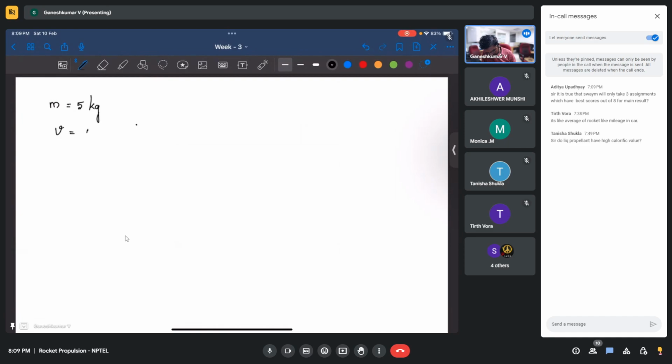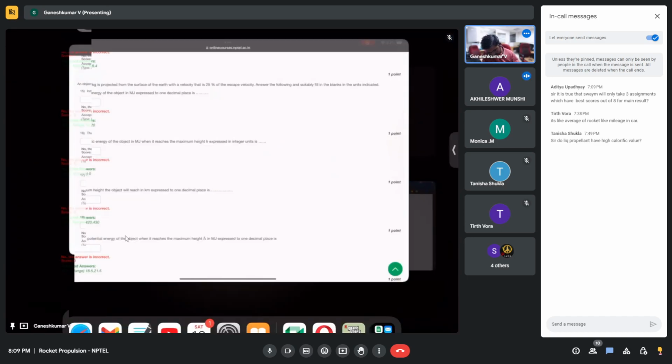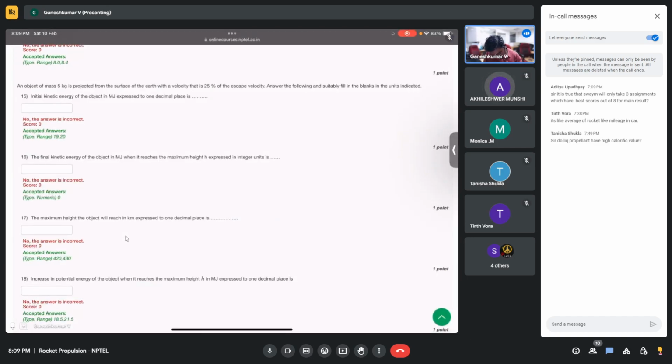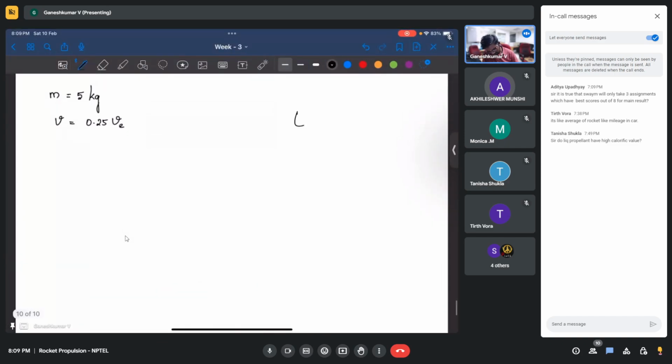So the velocity is 0.25 times the escape velocity. And what is the maximum height it will reach? Is that what they are asking? That's all, nothing else.